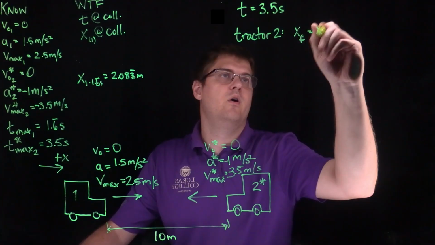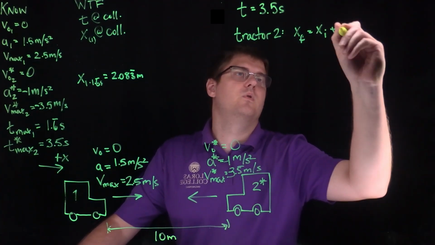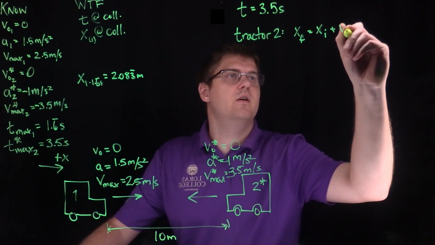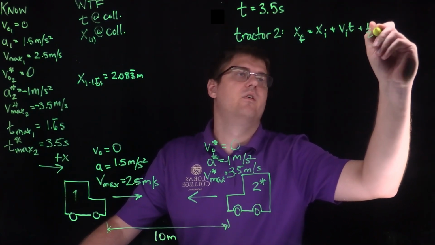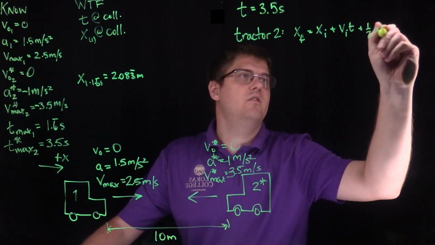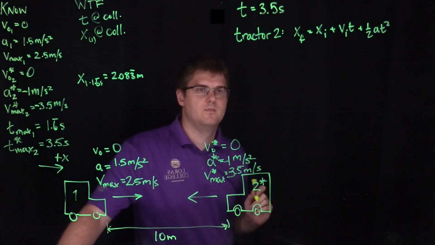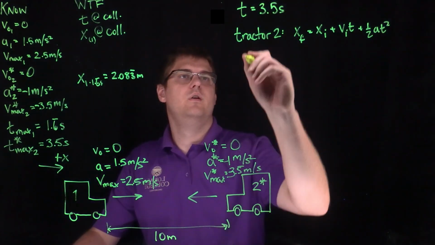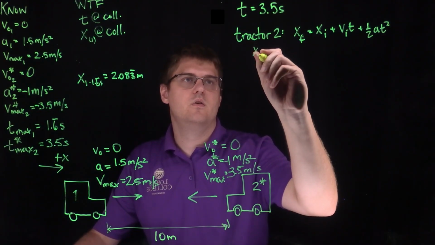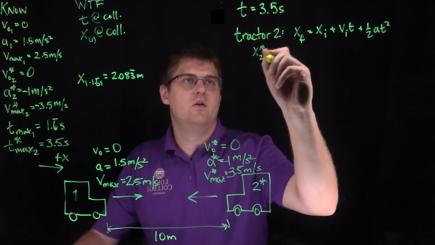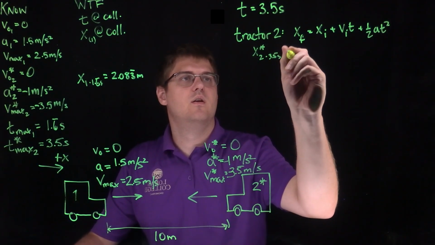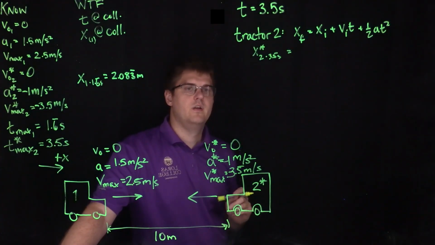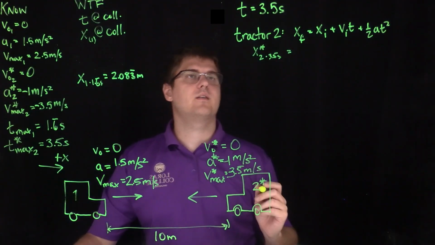final is equal to X initial plus V initial times t plus 1/2 at squared. X final is going to be x tractor 2 at 3.5 seconds is going to be equal to x initial.